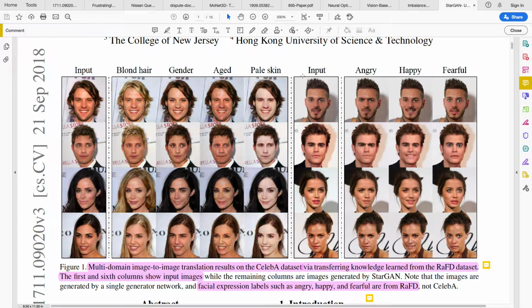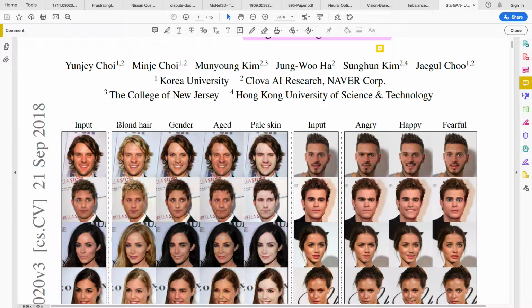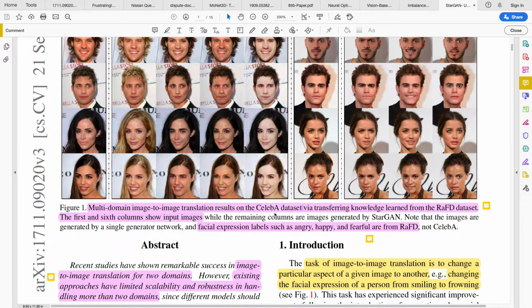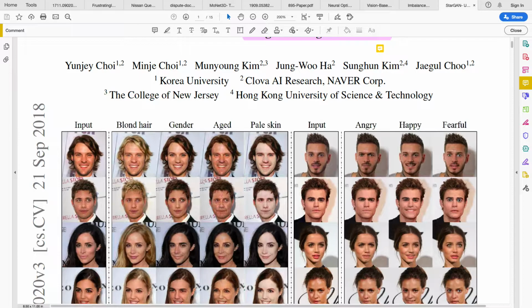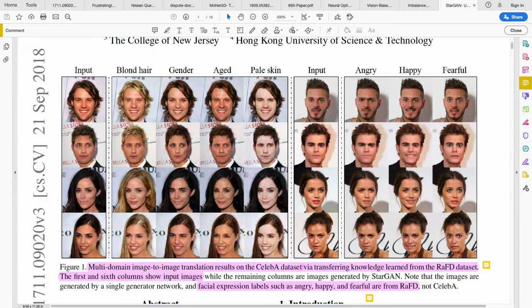For instance, this here that you're seeing represents one data set, and this represents another data set. So this is the same data set for celebrity. This is from the CelebA data set, and in that data set you have multiple domains. You have a domain of images that have blonde hair. You have another domain of the attribute of those that are either male or female.